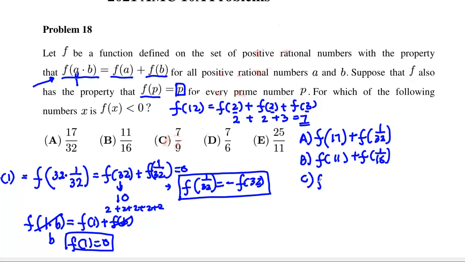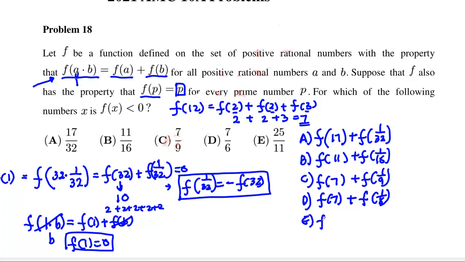C: f of 7 plus f of 1 over 9. D: f of 7 again, and f of 1 over 6.